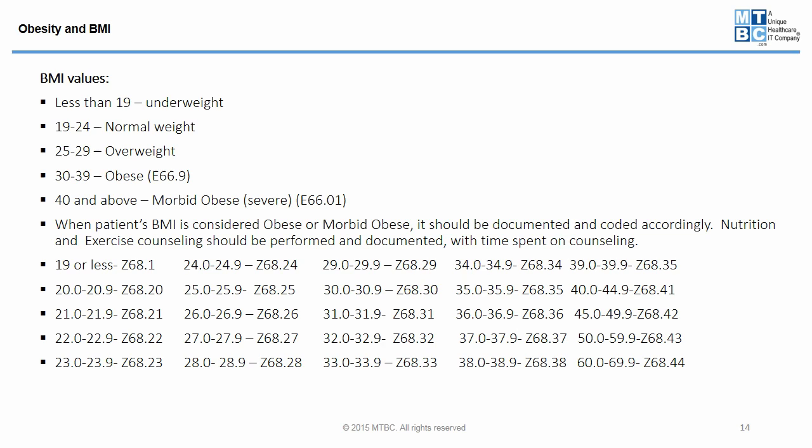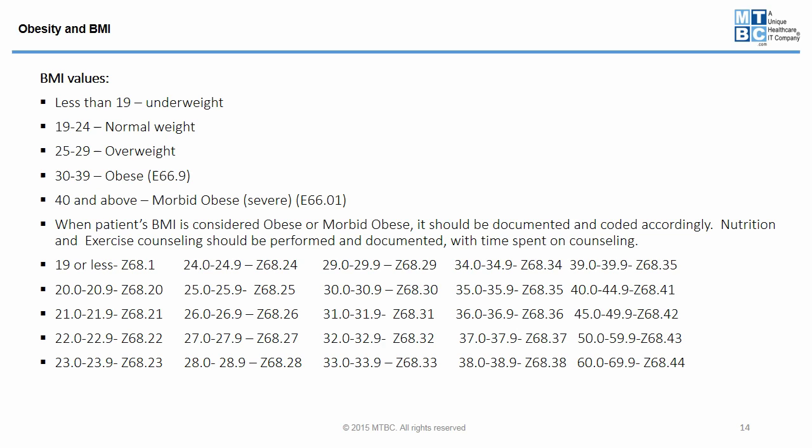Very important. If the patient's BMI is 25 to 29, they're considered overweight. You can document the patient is overweight, and that's another diagnosis code that you can use, currently 278.02.